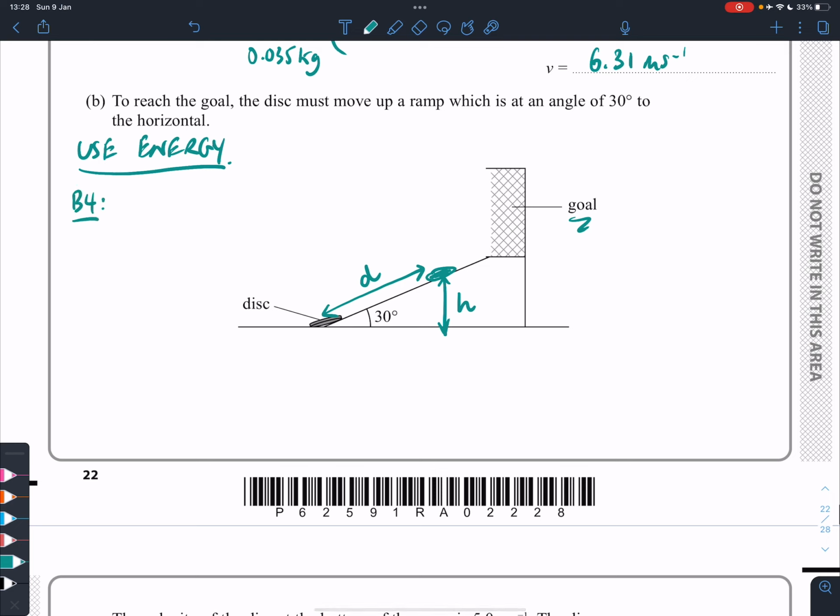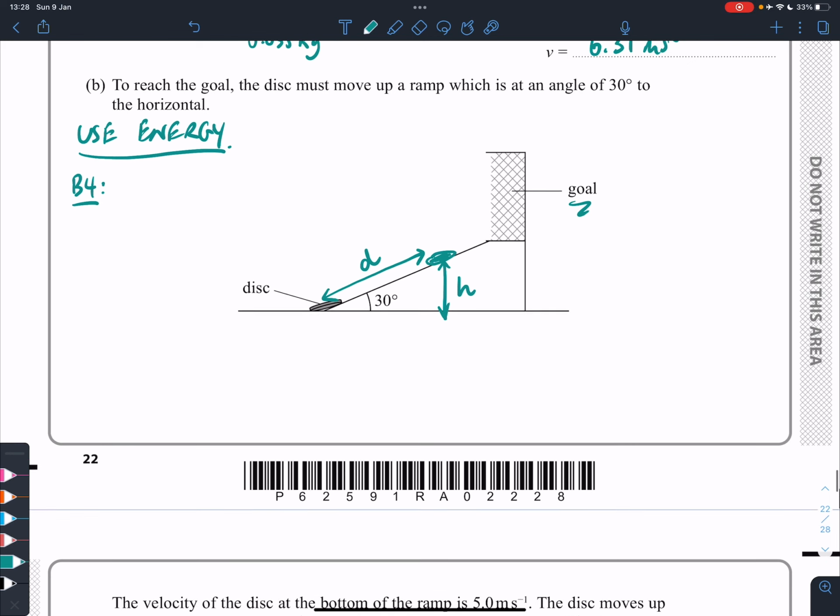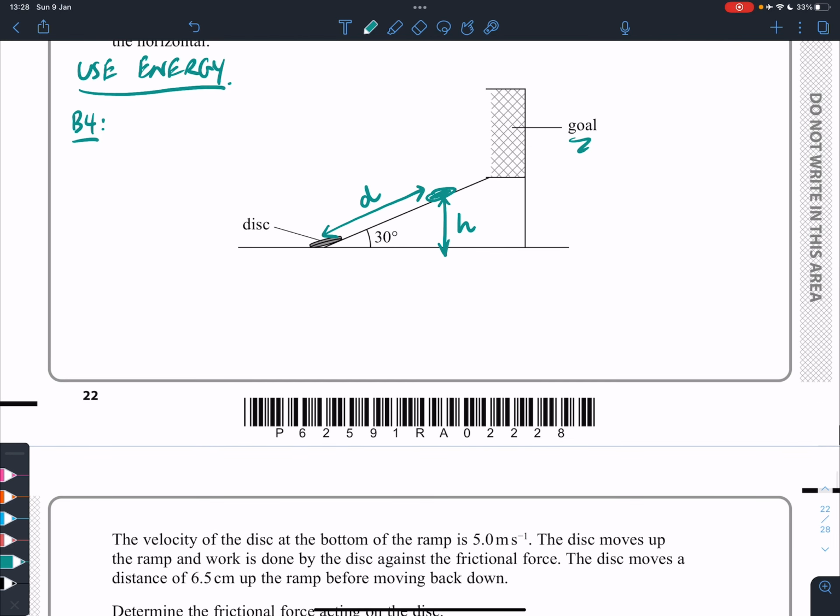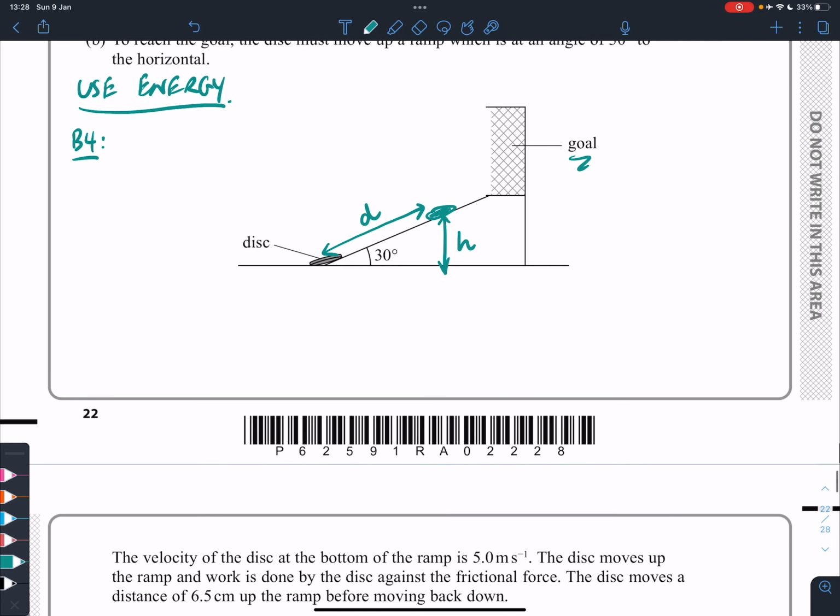Before, we've got, well, the velocity of the disk at the bottom of the ramp. So at the bottom of the ramp, we're going to say that it's got kinetic energy and it's got potential energy of 0, because we're going to take this layer as kind of the base, 0 PE, gravitational potential energy.